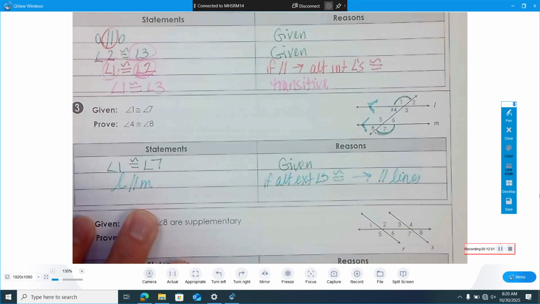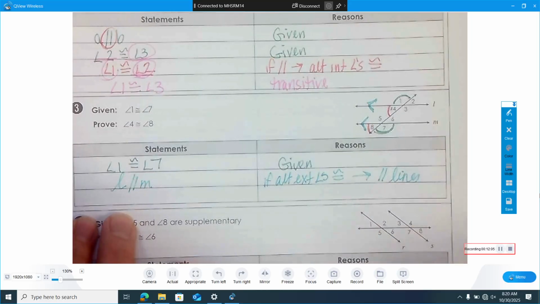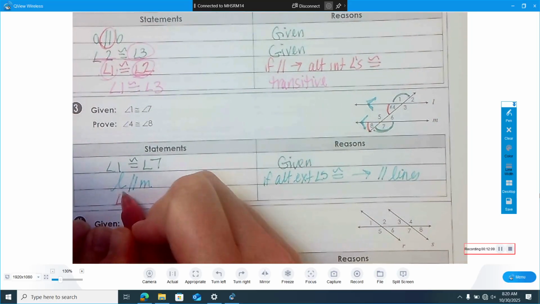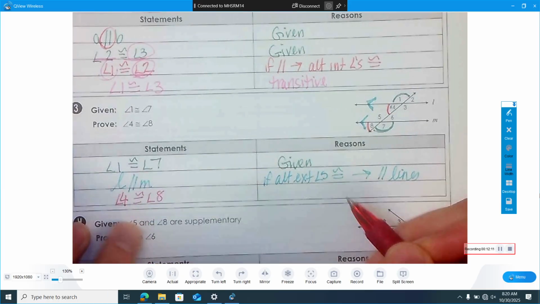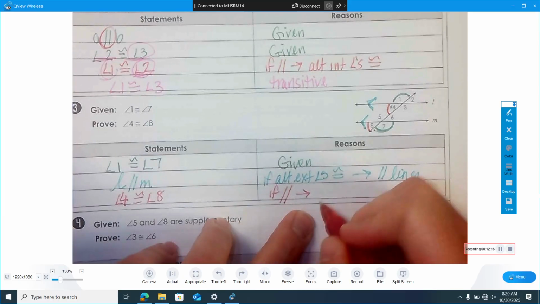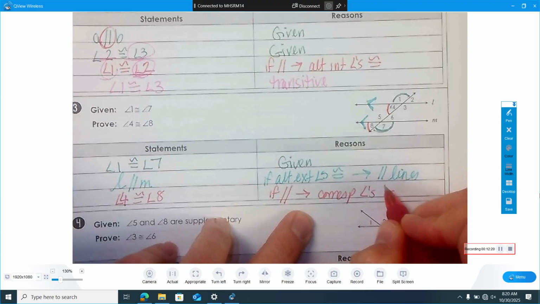And now that we have parallel lines, what do we know about angle 4 and angle 8? Yeah, so angle 4 is congruent to angle 8 because if we have parallel lines, then corresponding angles are congruent.